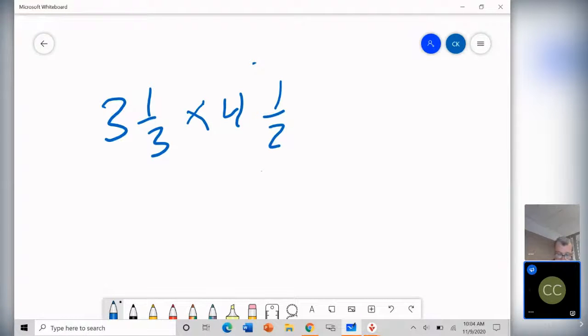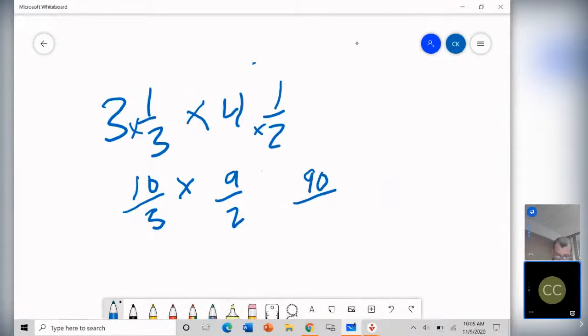Okay, so we're going to do 3 times the 3 plus the 1. That's going to be 10 over 3 times 2 times the 4 is 8 plus 1 is 9. So then we do 10 times 9, which is 90. And then 2 times 3 is 6. And then all we're going to do, remember when the top number is larger than the bottom number, we call that an improper fraction.